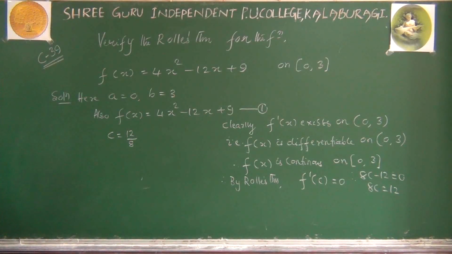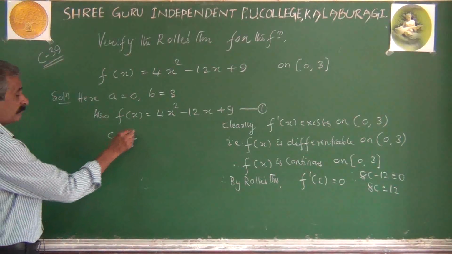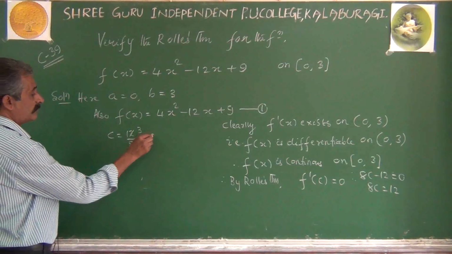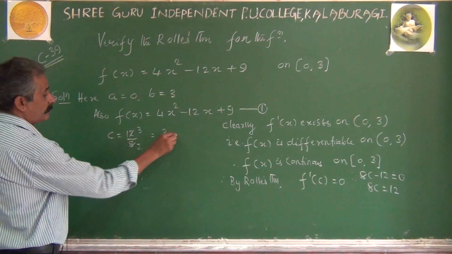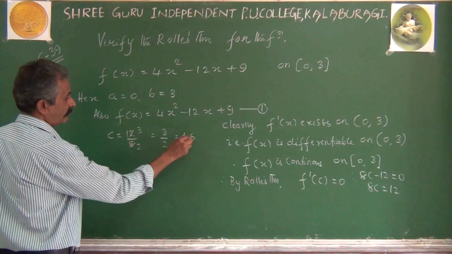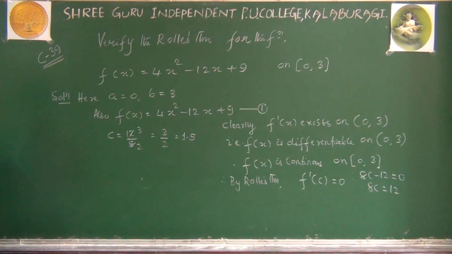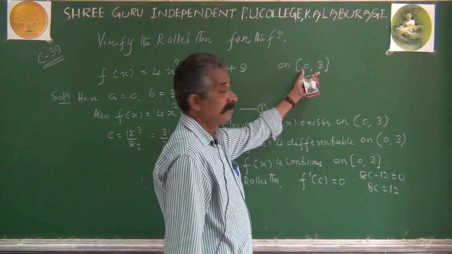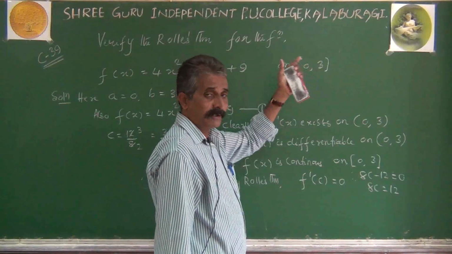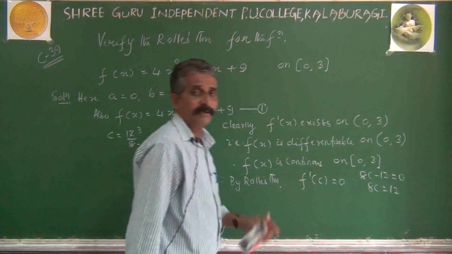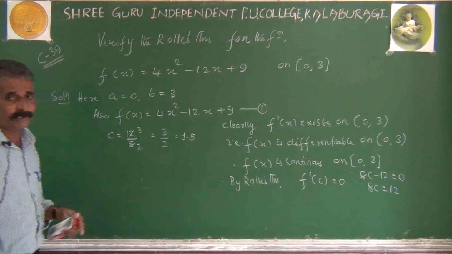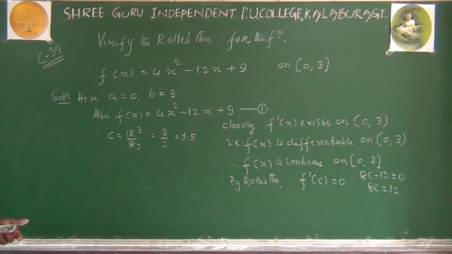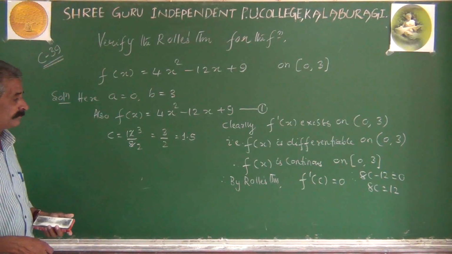This comes under a multiple of 4. Commonly, 4 3s are 12, 4 2s are 8, so 3 by 2. It's as good as 1.5. Observe that 1.5 is exactly the center of this interval, and as good as belongs to that interval. It's as good as the arithmetic mean. That's why we have in the heading itself Rolle's mean value theorem.